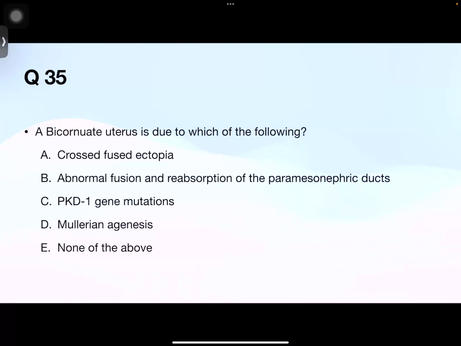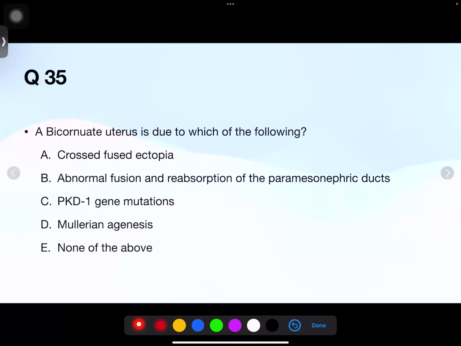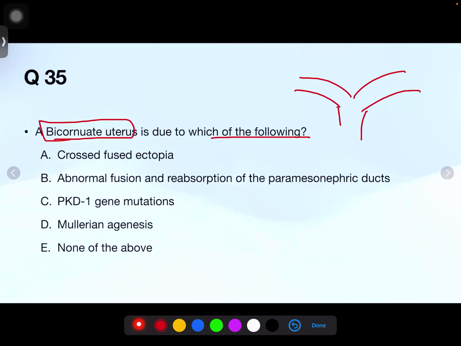Okay, a bicornuate uterus is due to which of the following? Bicornuate, the two horns of the uterus. B. So that is abnormal fusion and reabsorption of the paramesonephric duct.